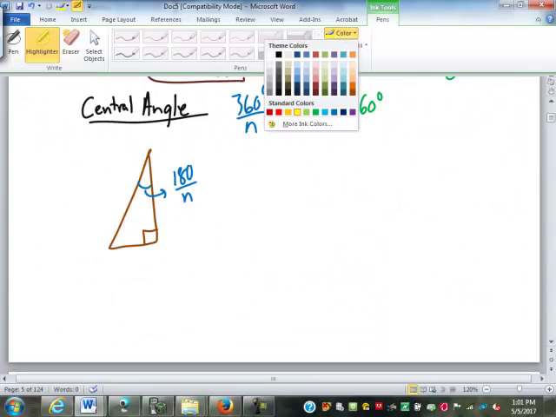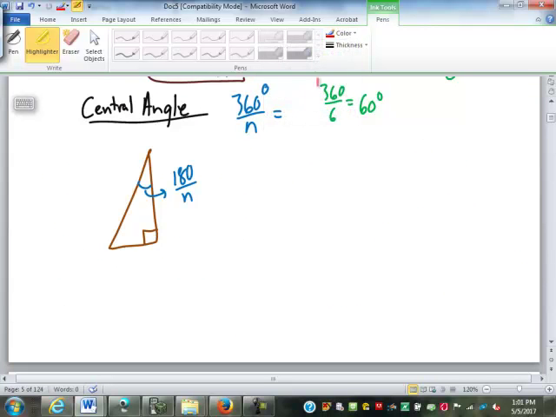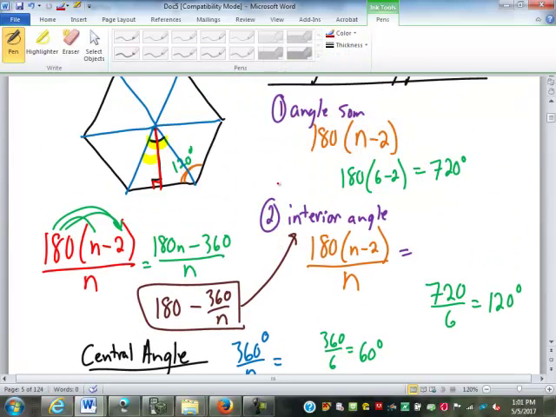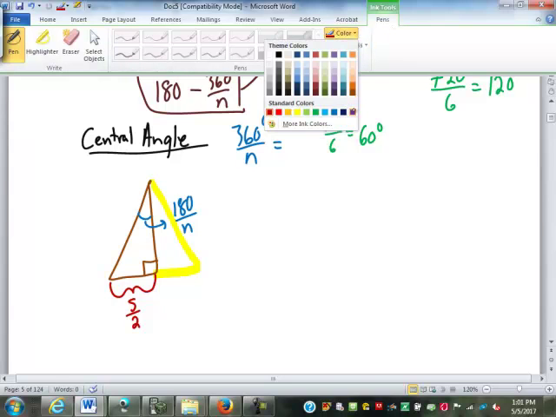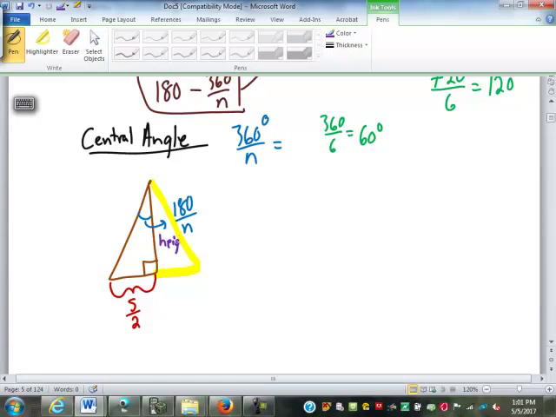Now we're getting somewhere. If I am told that the length of the side of my figure here is S, what's the length of this side here? S over 2, right? Half of the side, because that's just half of that whole triangle. So this height here can be found using a tangent.